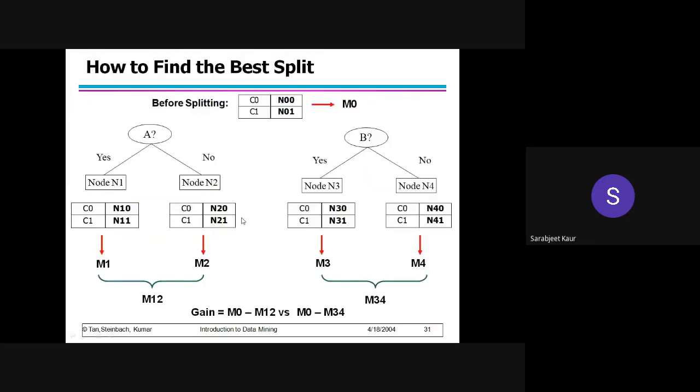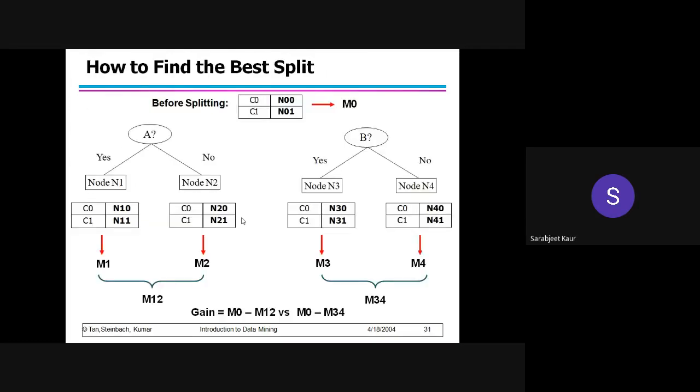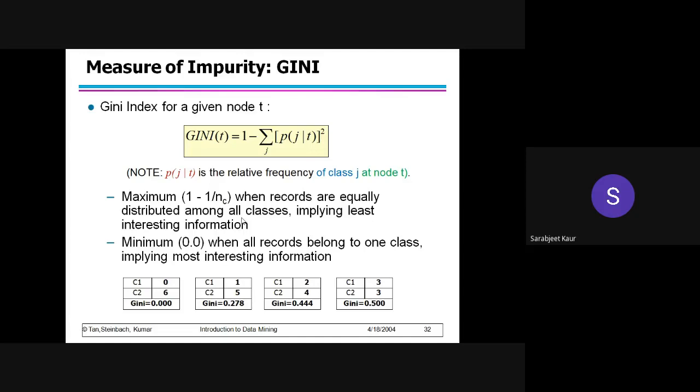So we first look at Gini. In this series of metrics, we first look at Gini. Please see how Gini is defined for a particular node. Gini is based upon the probability of having a particular class at a particular node.